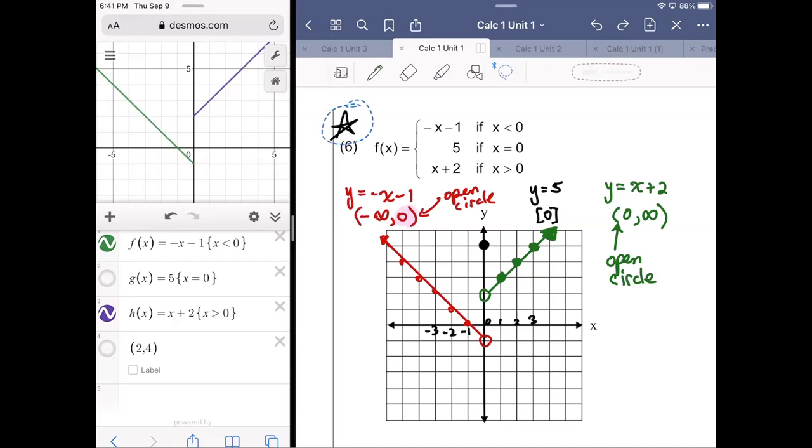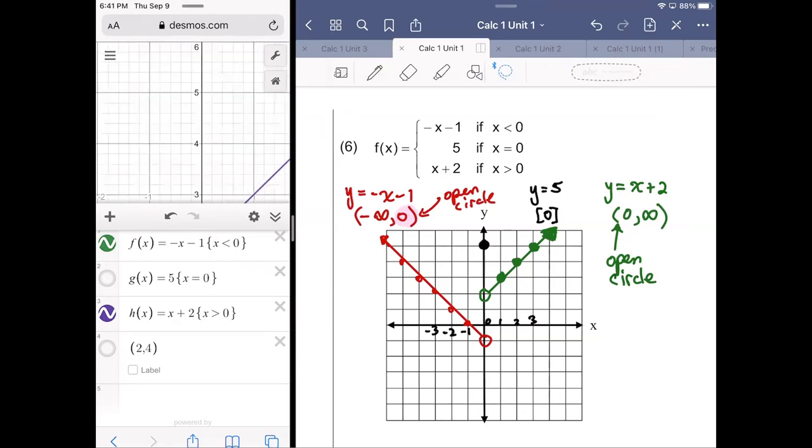Because what Desmos assumes, and it's actually correct, when you're dealing with a function, is that I'm looking at a horizontal line that only exists at a one-dimensional point. One-dimensional points don't show up the same way on a 2-dimensional plane. All right, so bottom line is there's a 0, 5 there. It just doesn't show up.